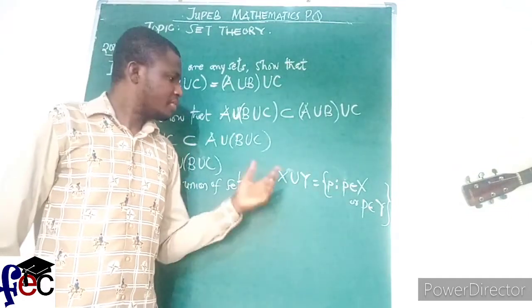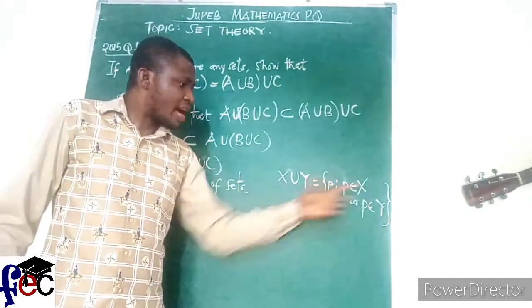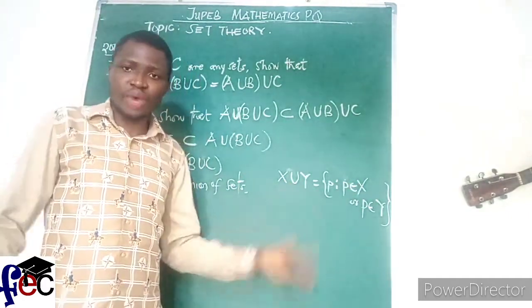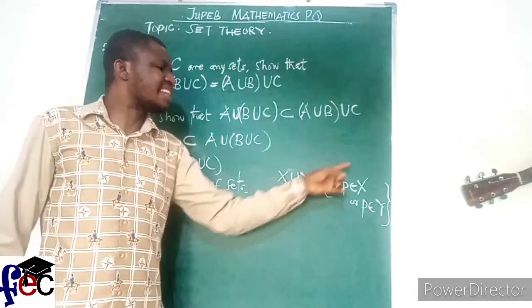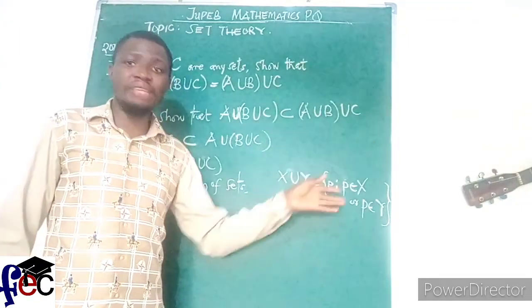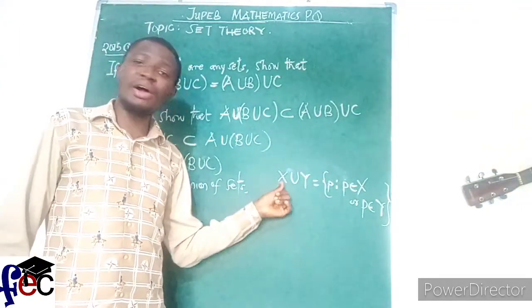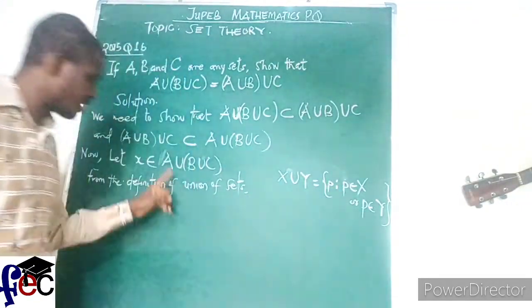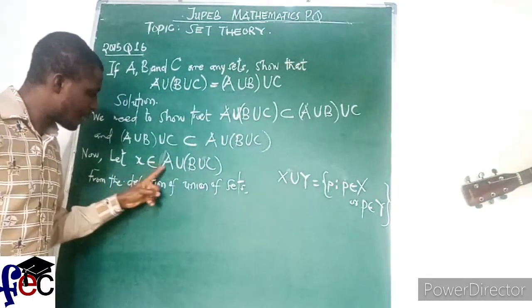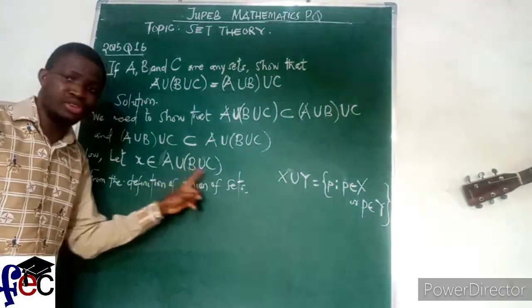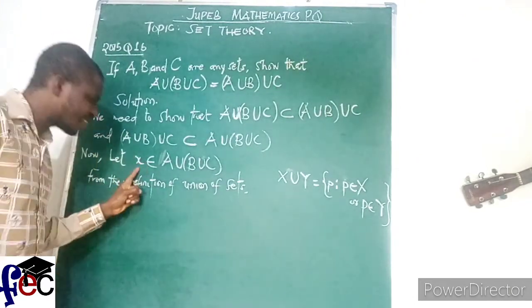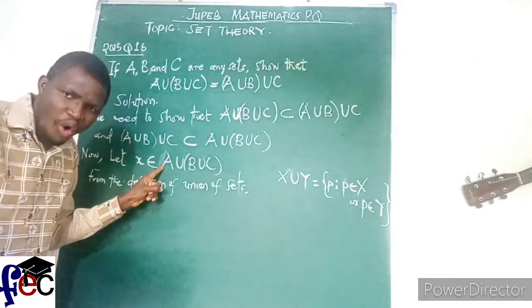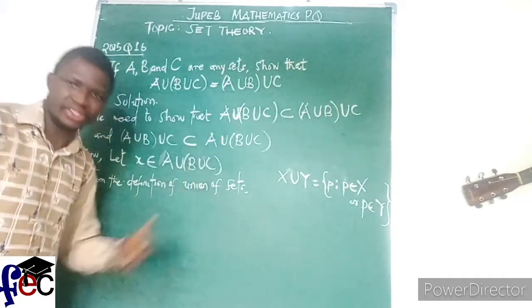If P is in X or is in Y, no problem. So every element that is in X or in Y is a member of X union Y. The same way, if X is a member of A union B union C, it means that either X is a member of A or it's a member of B union C.